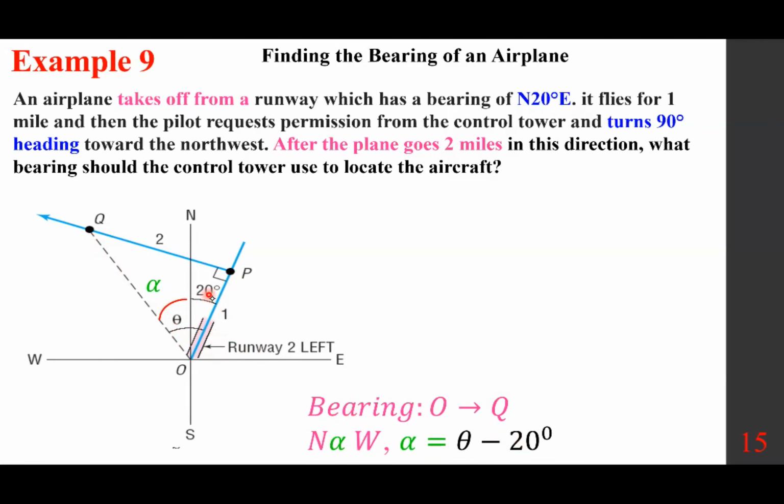And as you can see in this triangle of POQ, tan of theta is the opposite PQ over the adjacent OP, resulting in 2/1 or simply 2.